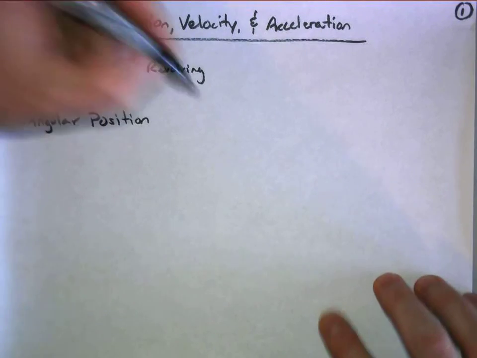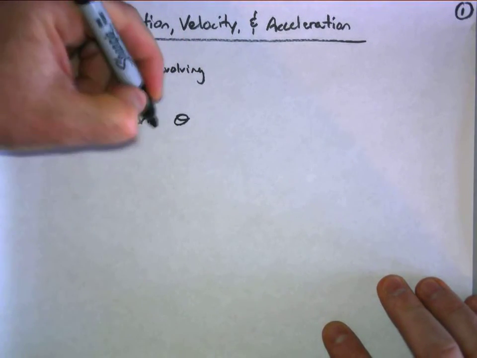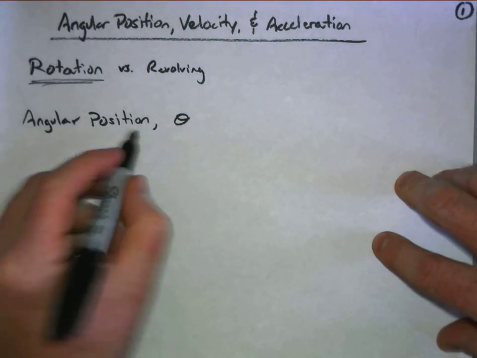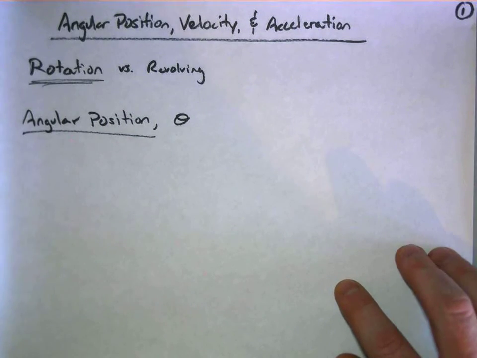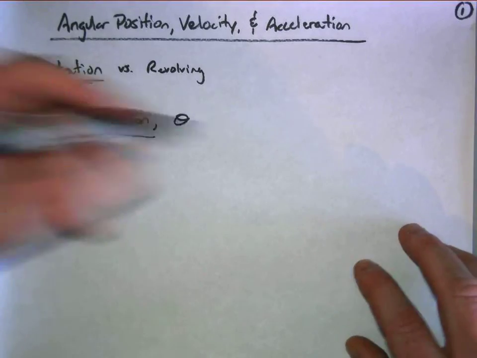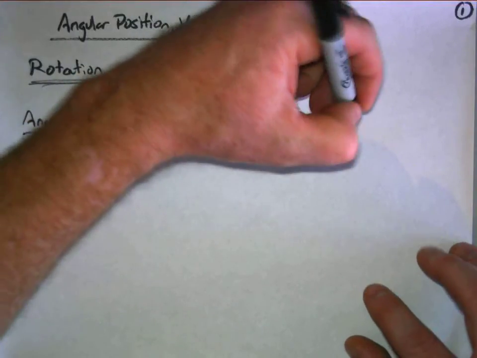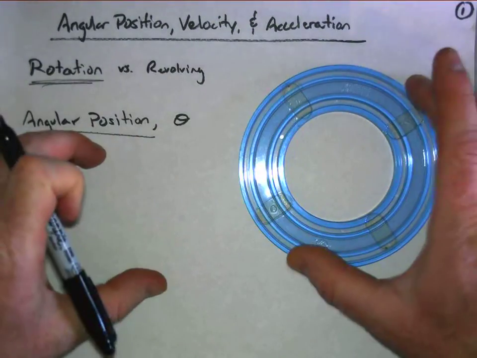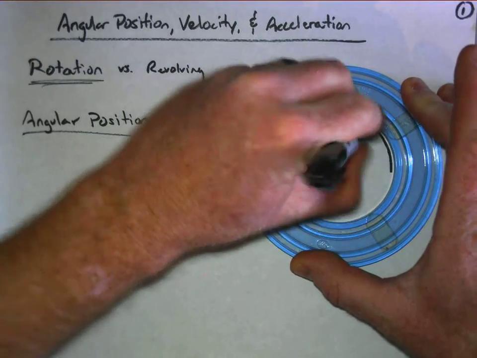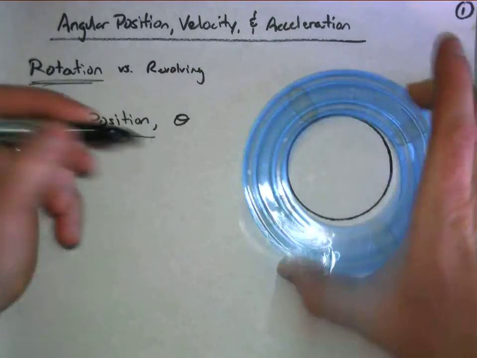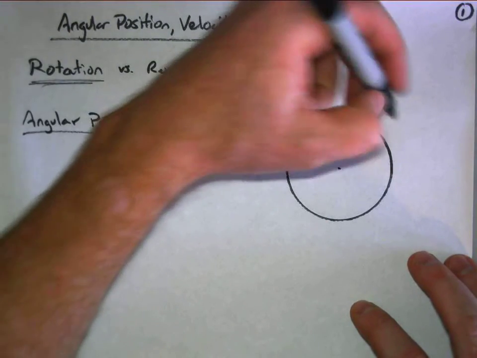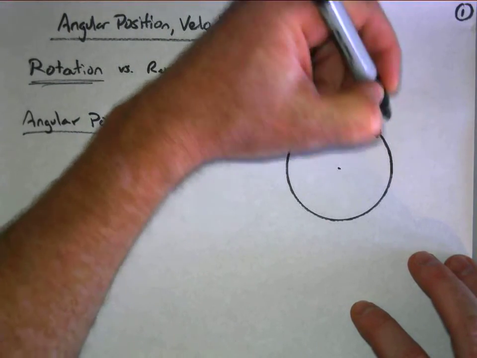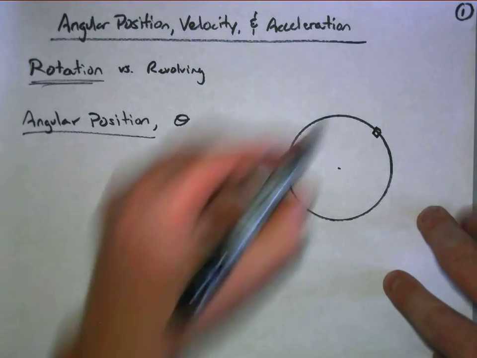Angular position. Well, we're going to measure this as an angle theta, actually. And it's simply measured from some reference line. So if we have an object that's rotating, we can look at a wheel. Draw a quick circle here for us. And we have roughly the center, and so we can look at one spot on the rim of the wheel at the edge.